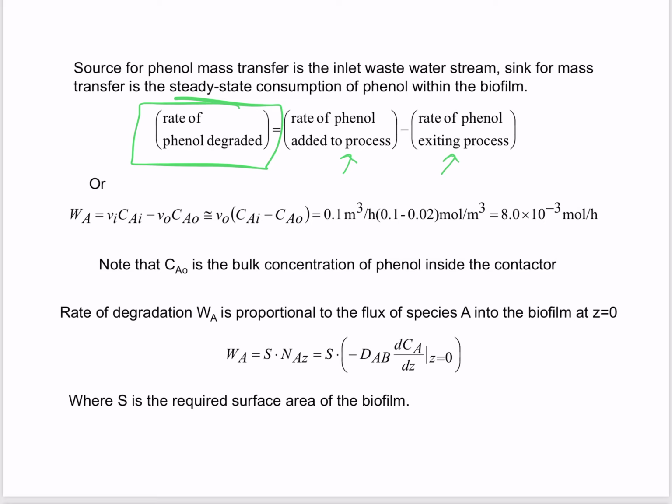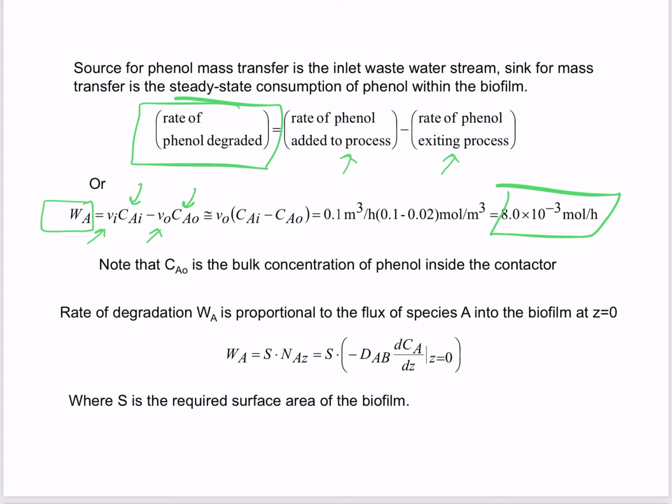So here is the rate that phenol is degraded at. This is the inlet volumetric flow rate. This is the outlet volumetric flow rate, and they're actually basically the same. Here's the inlet concentration and outlet concentration. We're given that, so we plug it all in, and this is the rate that we have to degrade the phenol.